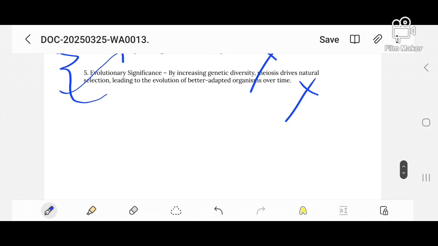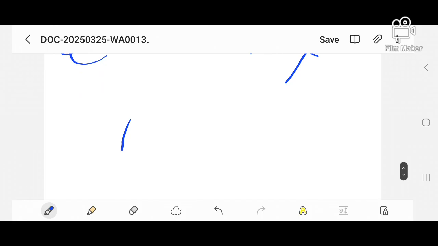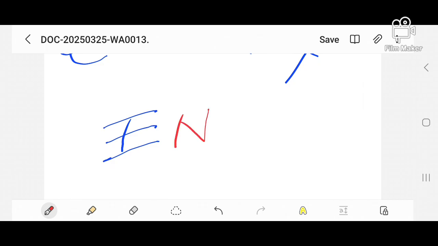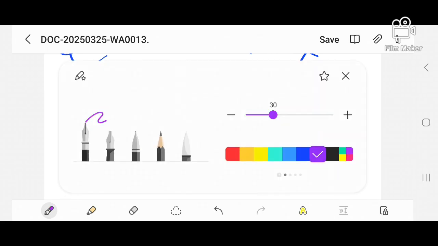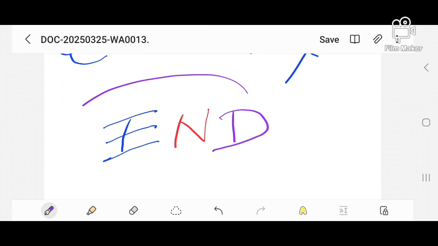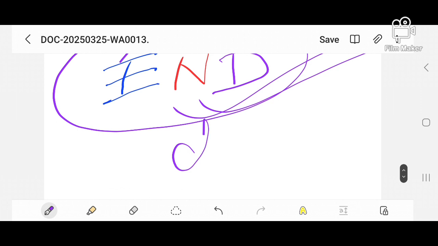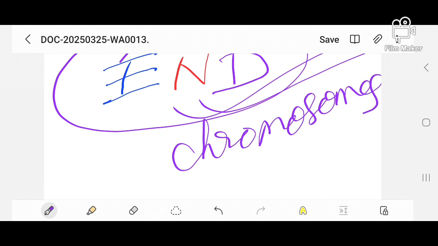Okay, so here is the end of the chapter chromosomes. So we are done with the first chapter in your class 10 syllabus, that is chromosomes.